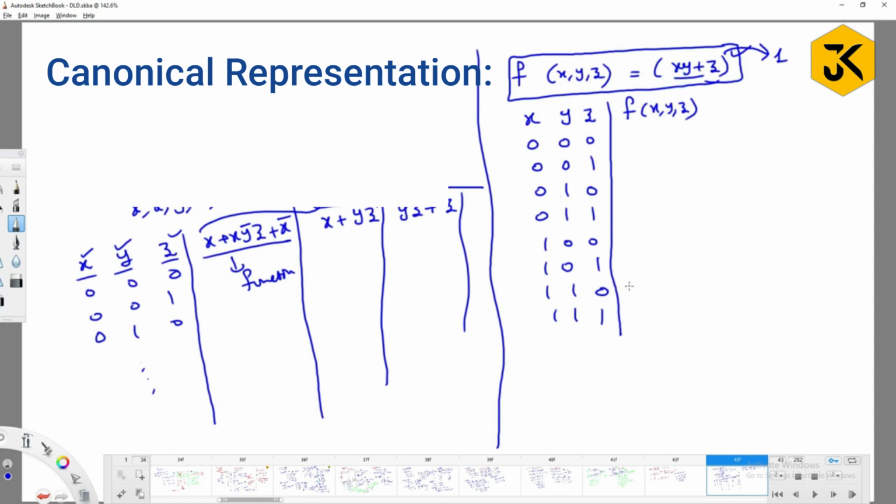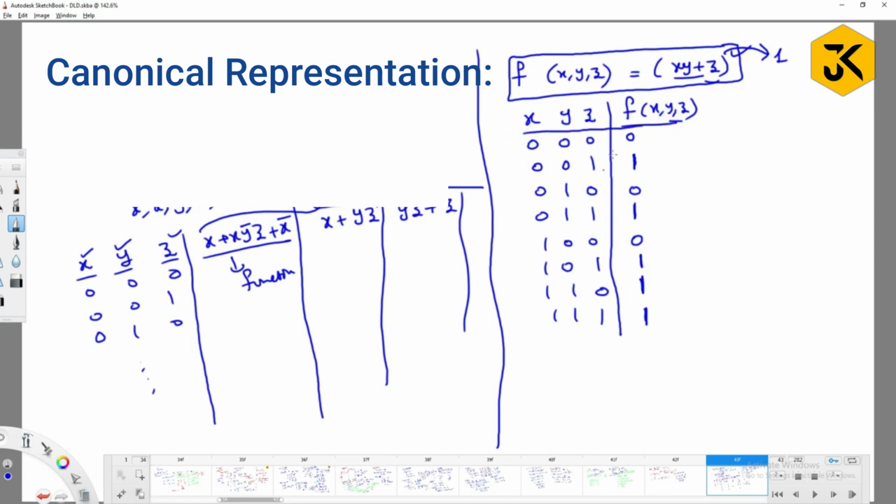What is x y? Somewhere x y is 1, or somewhere z is 1. Don't worry about how I am writing this one. This also, right? So this is the corresponding outcome for this expression.